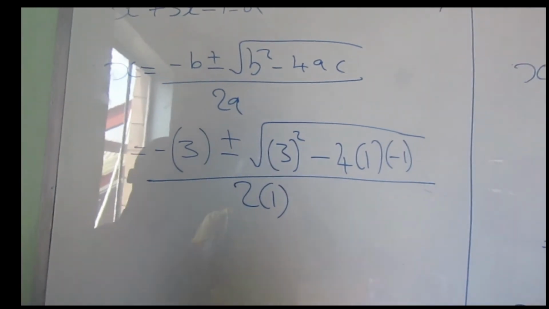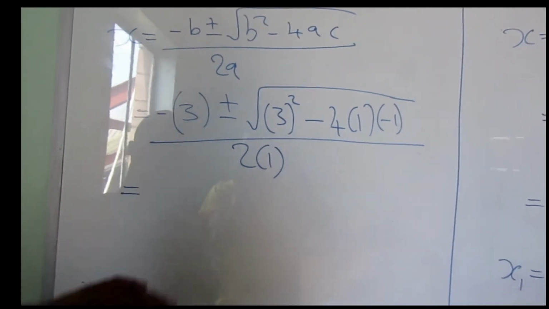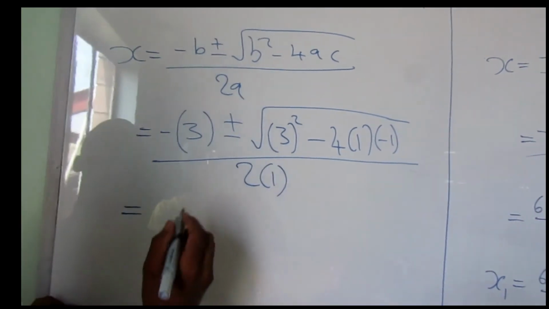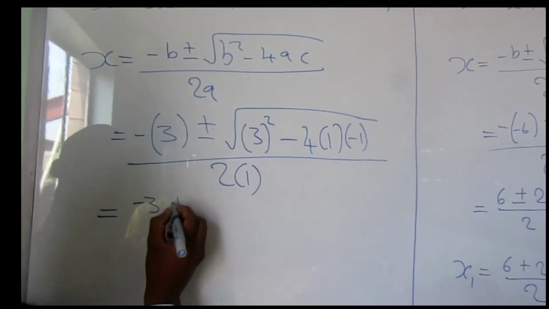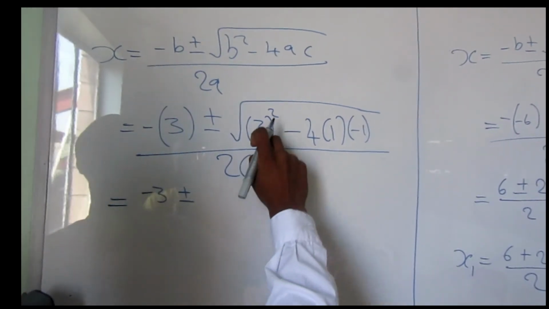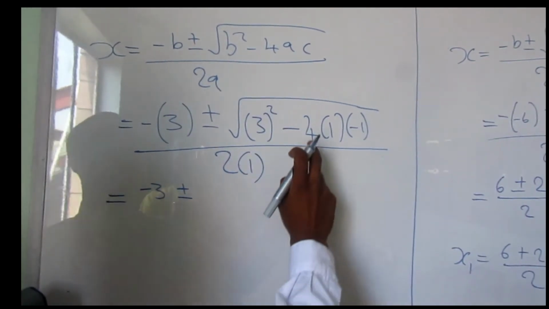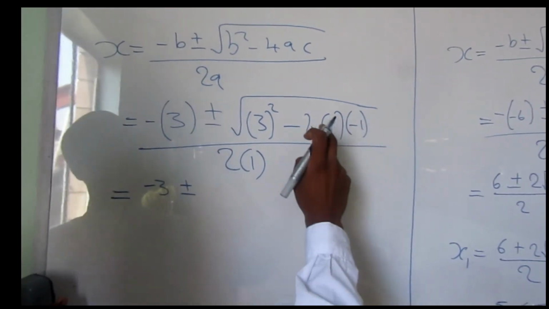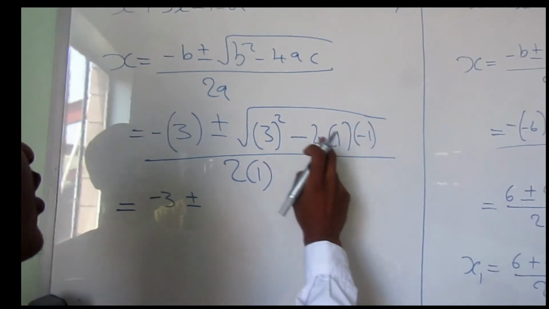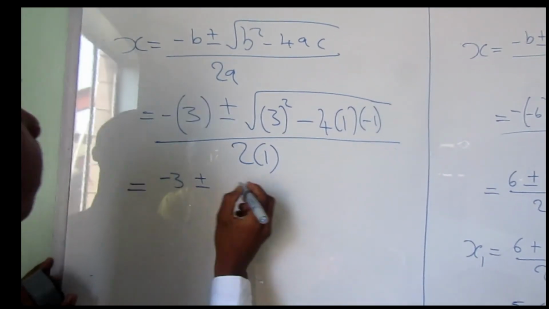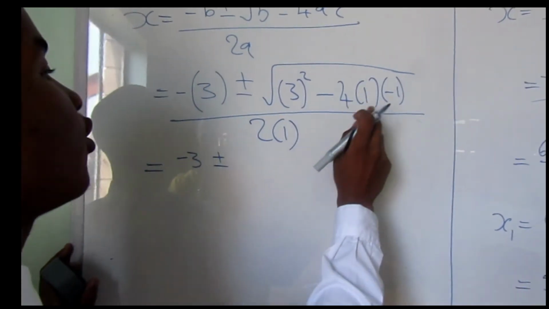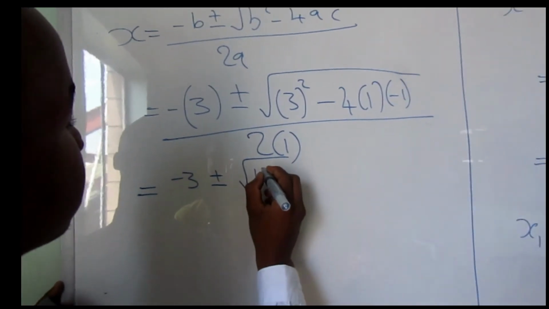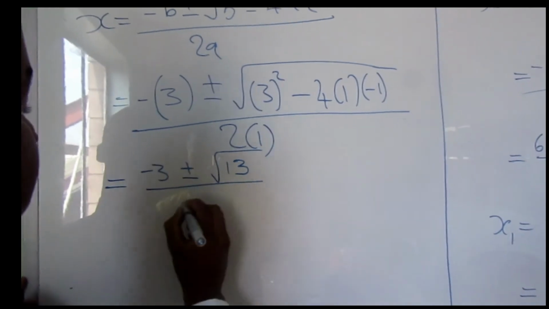Then on this one, our second step is to say negative times positive is -3 plus or minus the square root of 3 squared, which is 9. 4 times -1 is -4. Negative 4 times negative 1 is 4, and 4 plus 9 is 13, divided by 2.